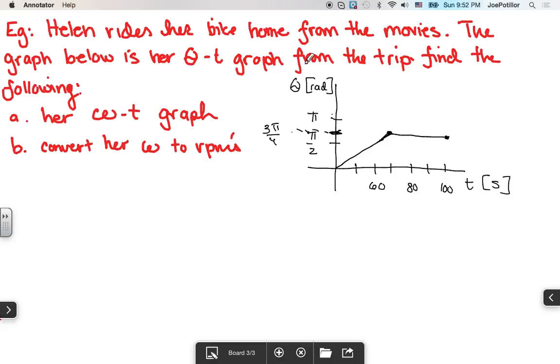So her angular position time graph is like that.